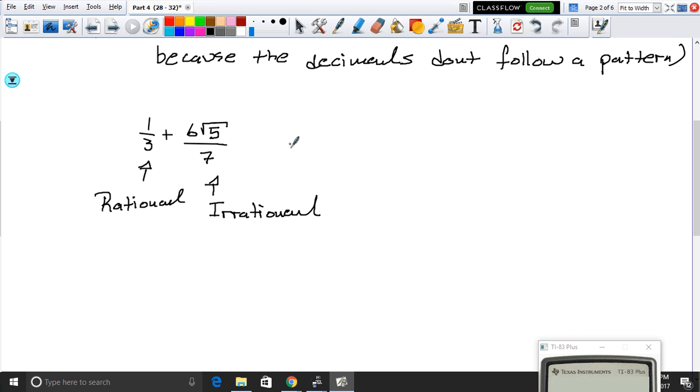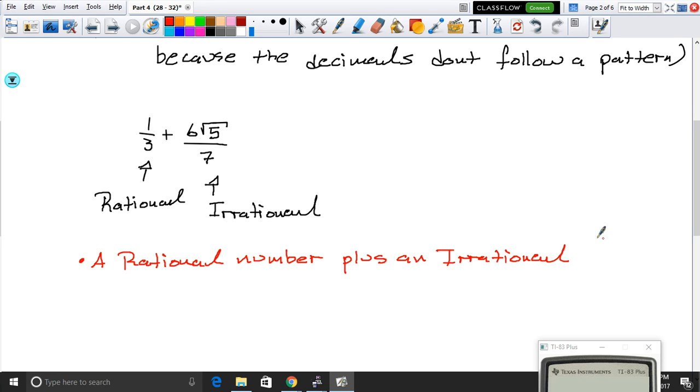And there's a rule in mathematics that says a rational number plus an irrational number is irrational.